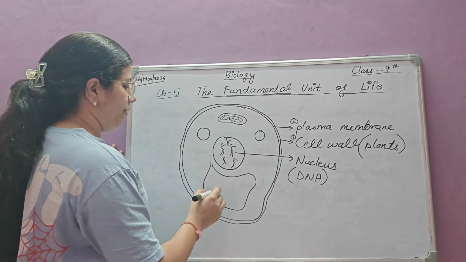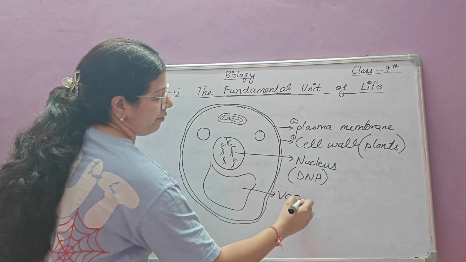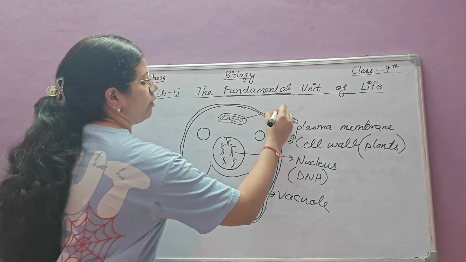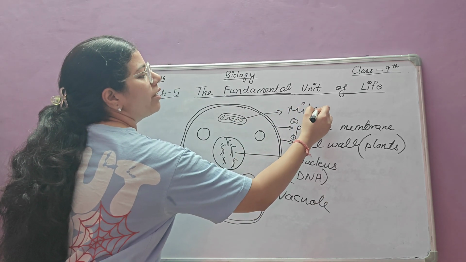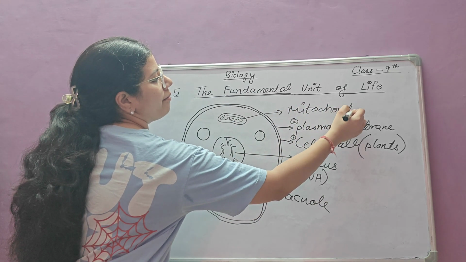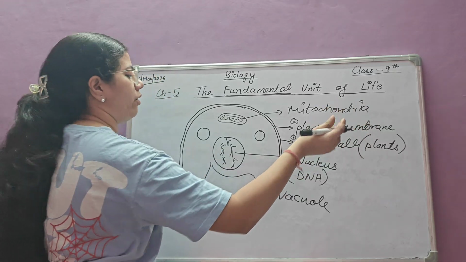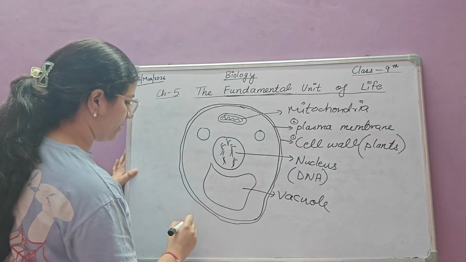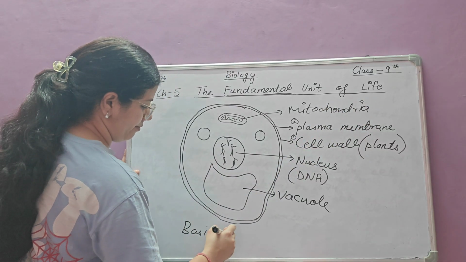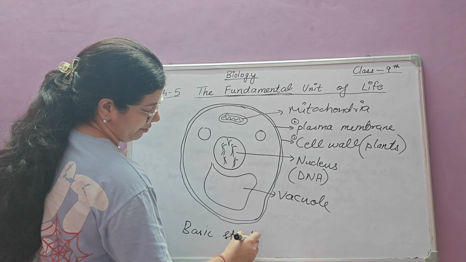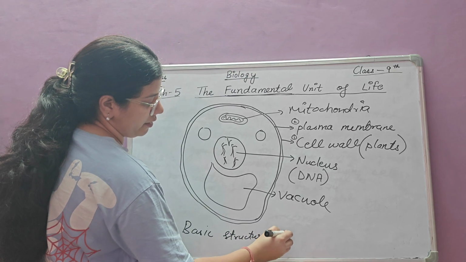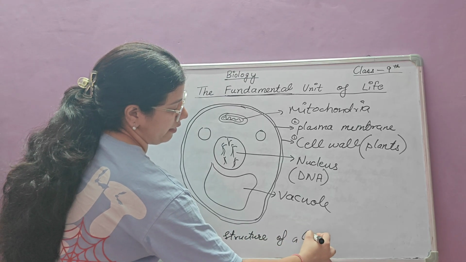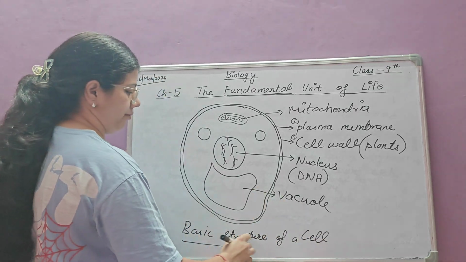Okay, vacuole, mitochondria. Mitochondria is the powerhouse of the cell. We will discuss them later on. Okay, this is the basic structure of a cell.